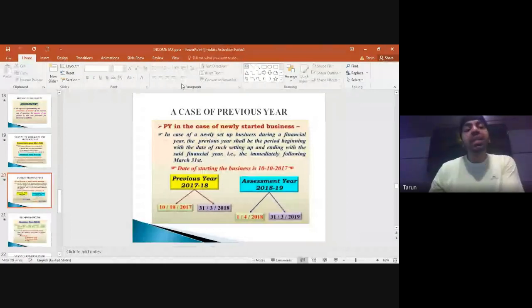It means my previous year is 2022-2023. That means the commencing date of the previous year is 31st May 2022 and the ending of the previous year is 31st March 2023.